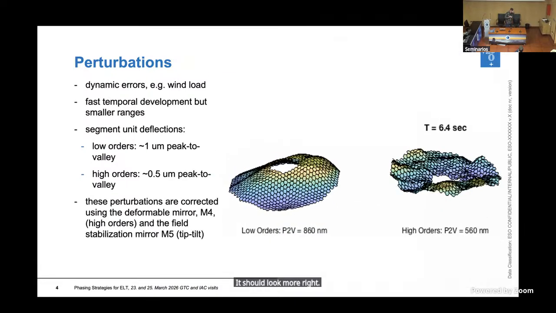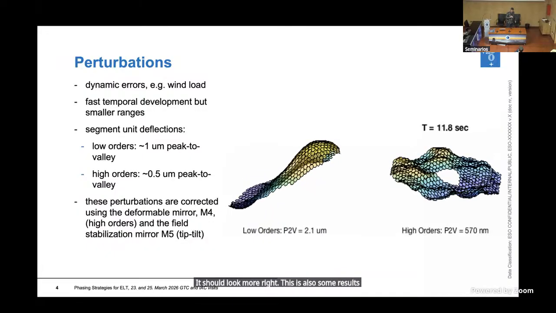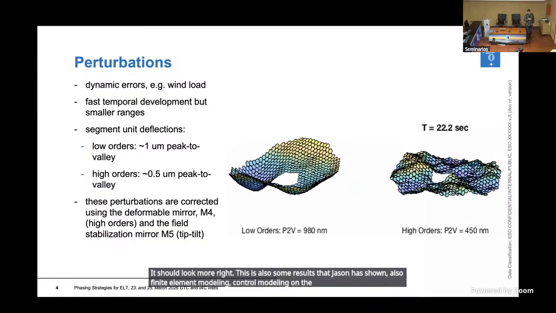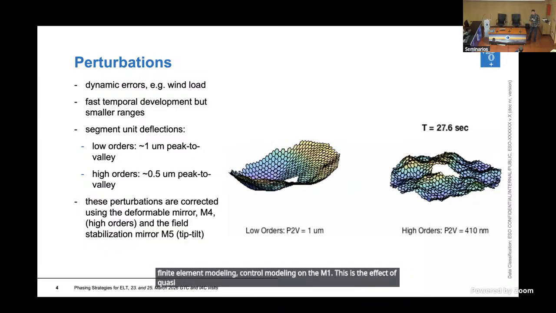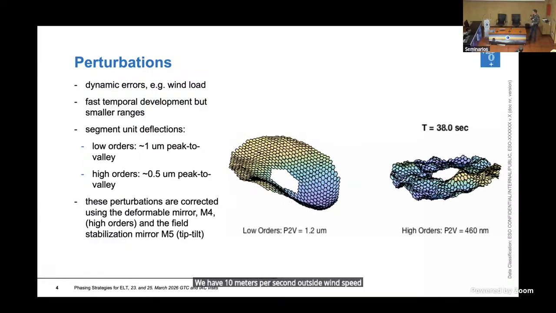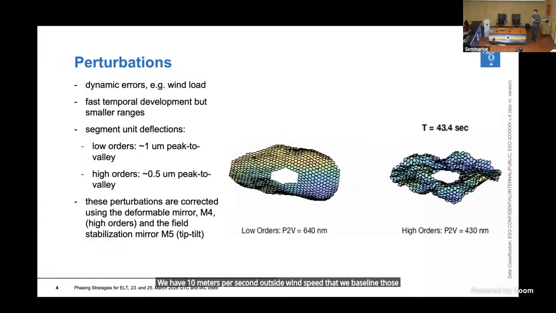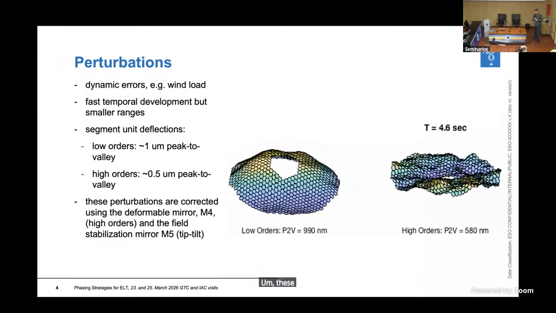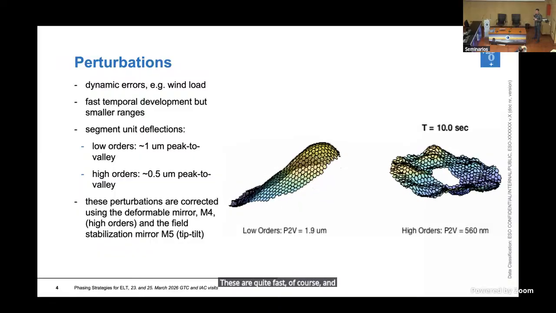These are also some results that Jason has shown, also finite element modeling and control modeling on the M1. This is the effect of quasi-static wind. We baseline those analyses on 10 meters per second outside wind speed. These are quite fast, of course, and can't be taken by the phasing.